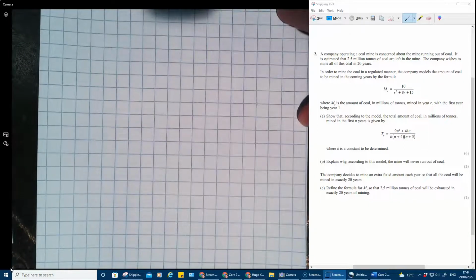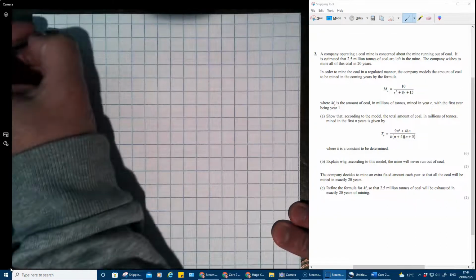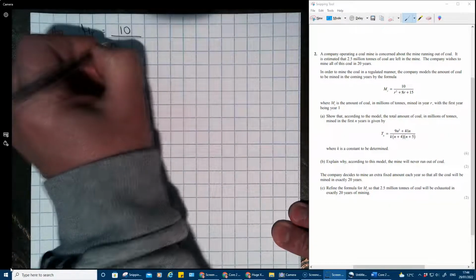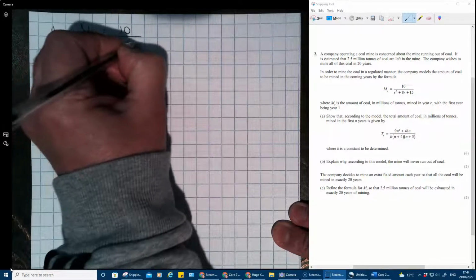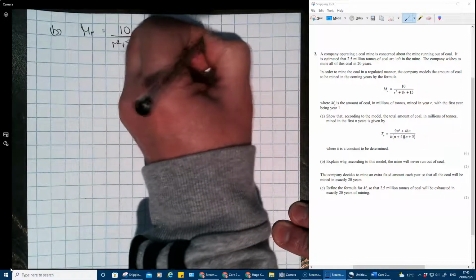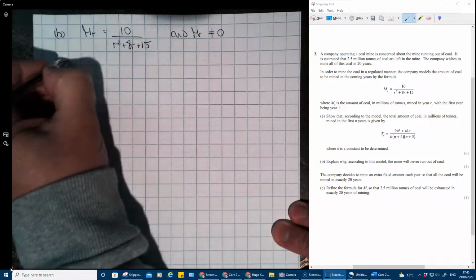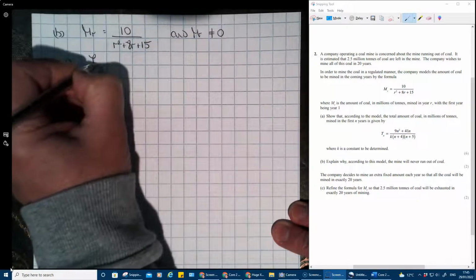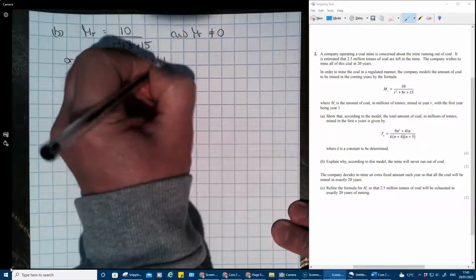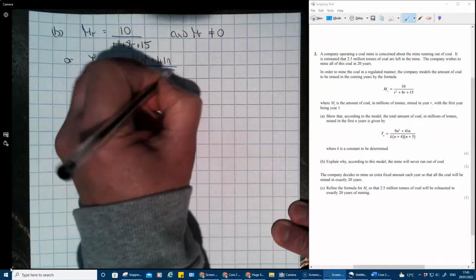Okay, we're now asked why the coal will never run out. Two options here. The amount mined is 10 over R squared plus 8R plus 15, and MR can never equal 0, so therefore you're always mining something. Alternatively, the total mined is, as we know now, (9N squared plus 41N) over 4(N plus 4)(N plus 5).